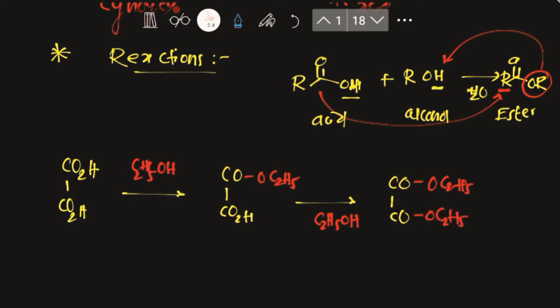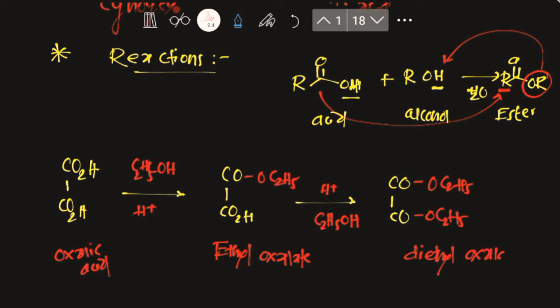Here again an acid is needed as a catalyst. This is oxalic acid, and this product is called ethyl oxalate, or diethyl oxalate.